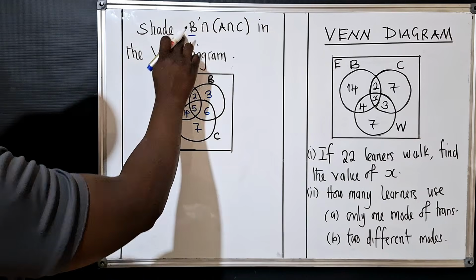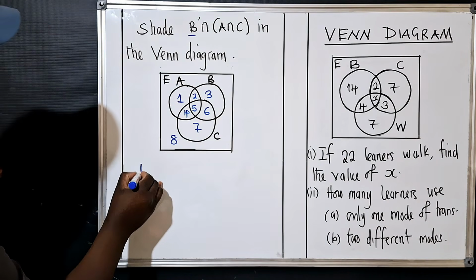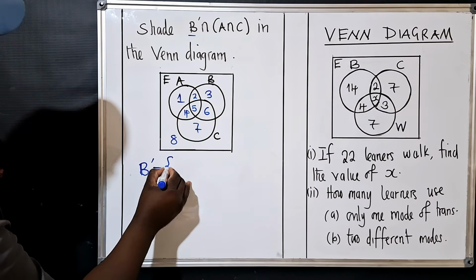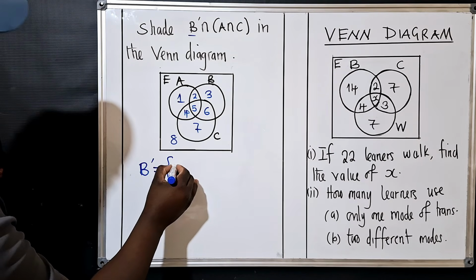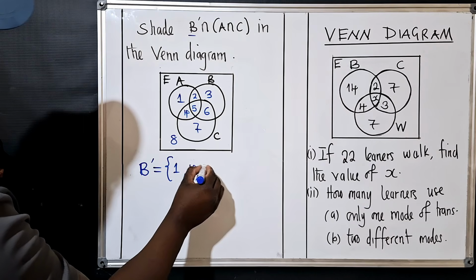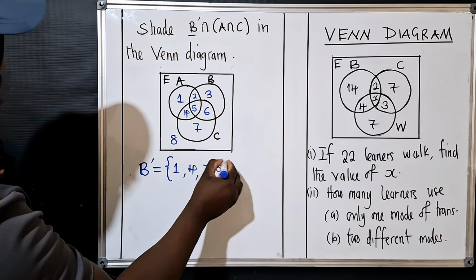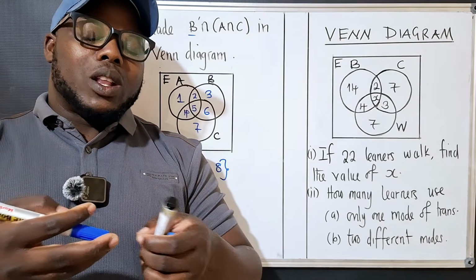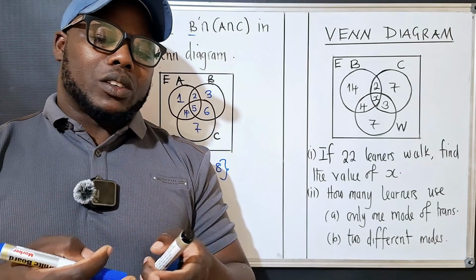Start with your B complement. So identify these. B complement will simply be equal to 1, 4, 7, and 8. What does it mean when they say B complement?